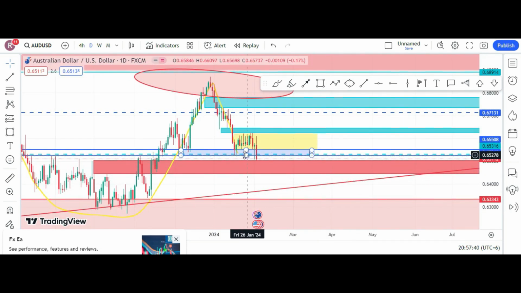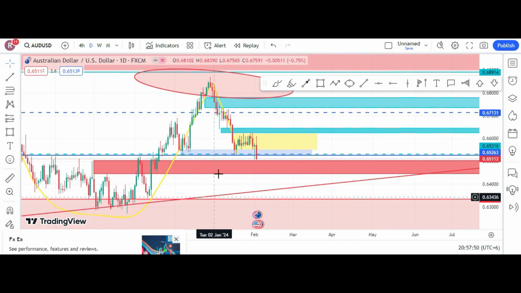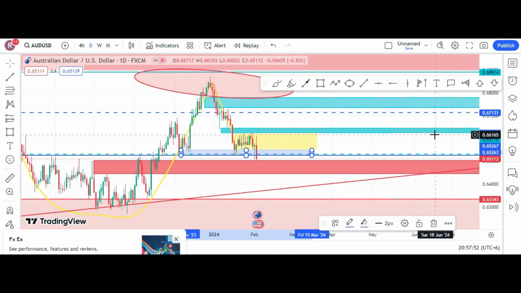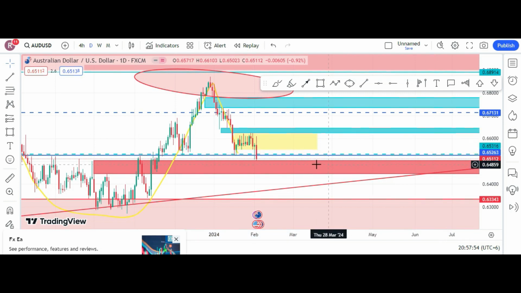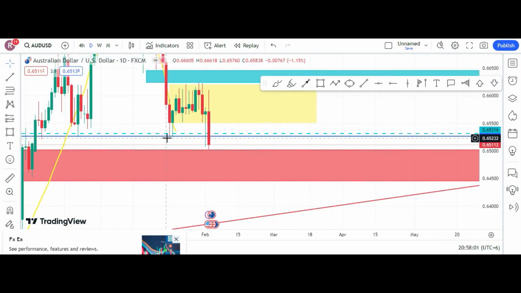The reason: last time the price made a double bottom from here, but this time the double bottom is taken out in daily, so we don't need this anymore and it has become invalid right now. So this double bottom has been taken out. You guys can see very clearly that this was the last mark, and this has taken out the last mark.